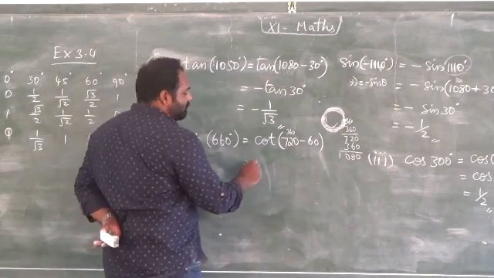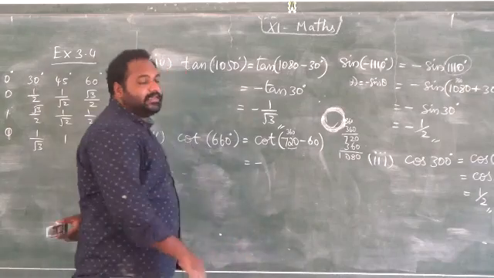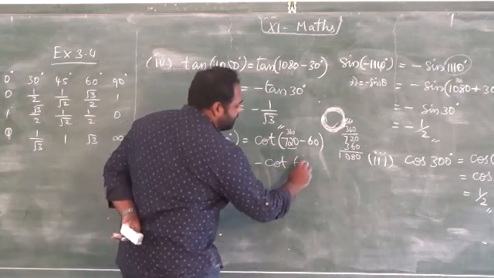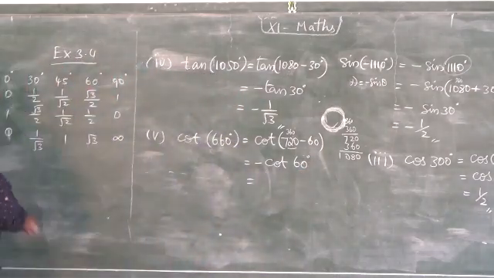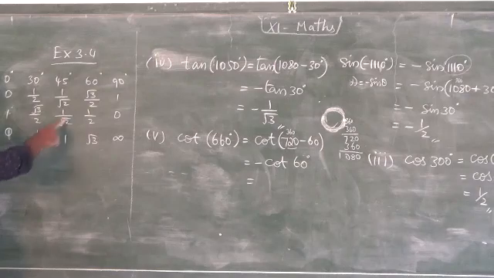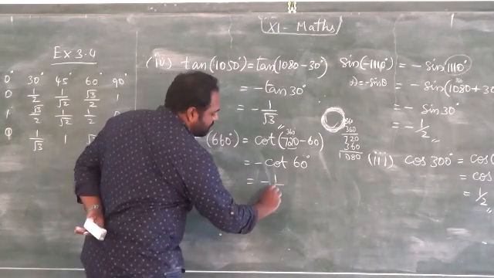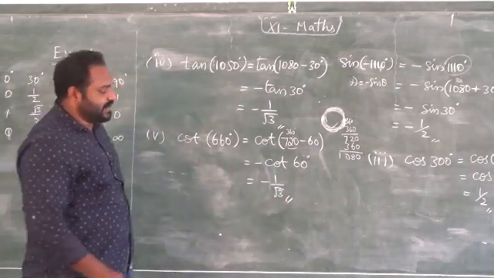So cot is negative, and 720 or 360 will not change the function, so it stays as cot 60 degree. Cot 60 degree is the reciprocal of tan 60 degree. Tan 60 degree value is root 3. The reciprocal is minus 1 by root 3. So this is the value for cot 60 degree.